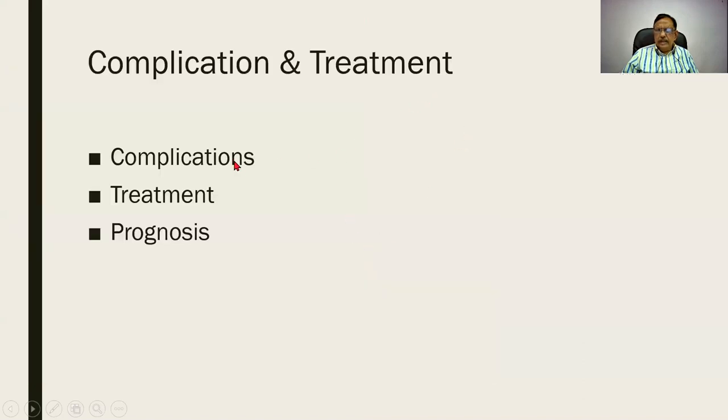The complications can be, see, one is a dissecting aneurysm. There is a powerful force over there, hypertension, etc. So the blood can rupture to the outside. The patient can die immediately. The second one is, if the patient is more lucky, it can rupture into the lumen.